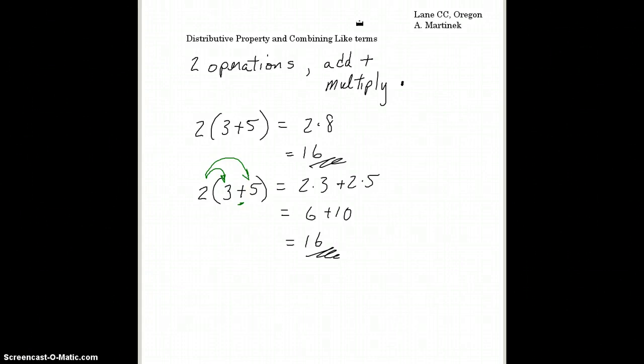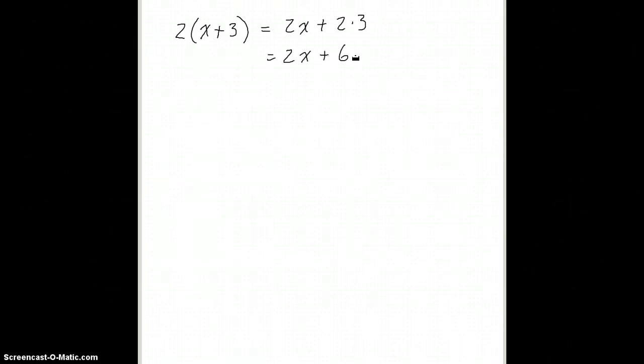Now it shows up most when we multiply with variables, something like 2 times (x plus 3). Now, I can't combine the x and the 3 because I don't know what x is. However, we can distribute the 2. 2 times x plus, because there's a plus here, 2 times 3, or in this case 2x plus 6.